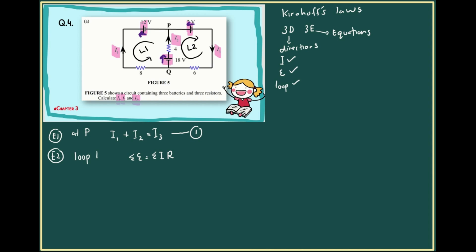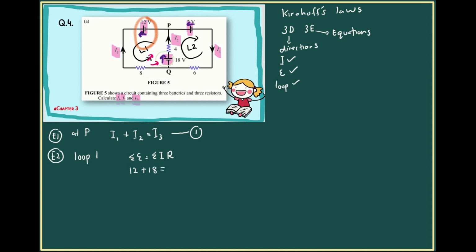For the first EMF, the 12 volt EMF, the direction of loop and the direction of EMF is the same, so it's supposed to be positive 12. If we compare the second EMF here, the direction is again equal to the direction of loop, so again it is positive.